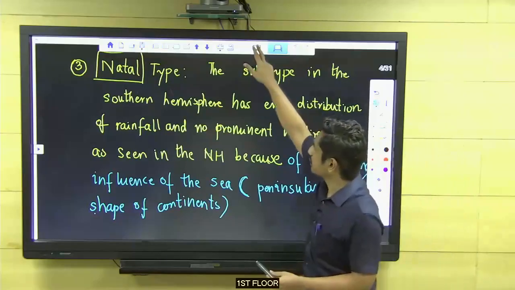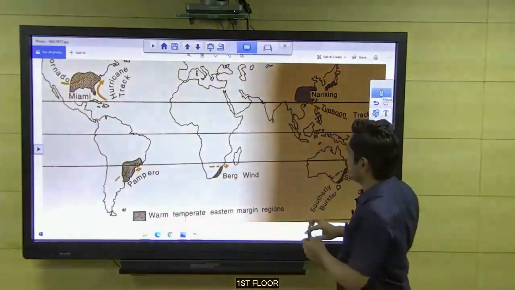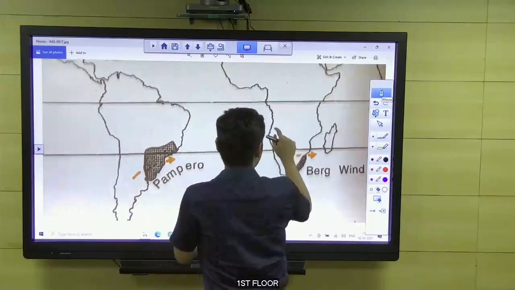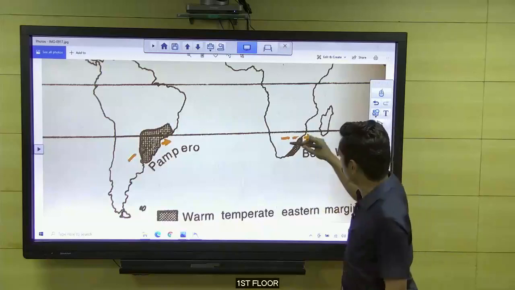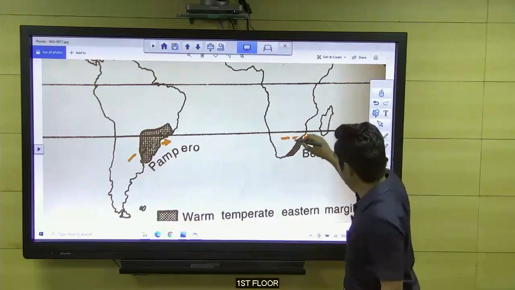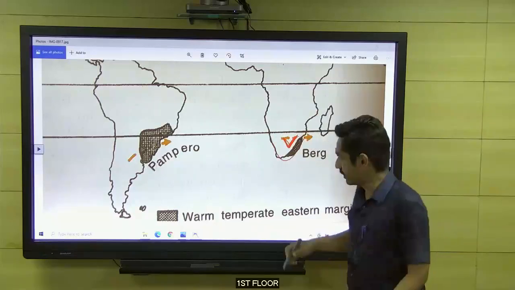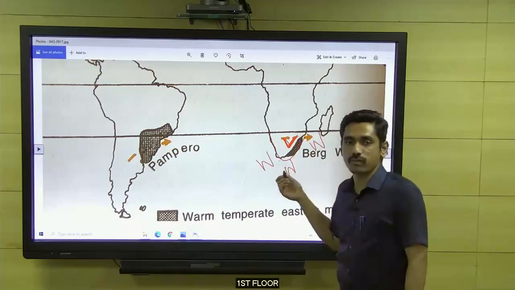So let me go to the diagram again, the map section. So you take these regions, for example, right? See, when your continent takes this type of structure, you will have land here. So it's already a peninsula, which means you're opening your land to more and more moderation. There is water, there is water, there is water.